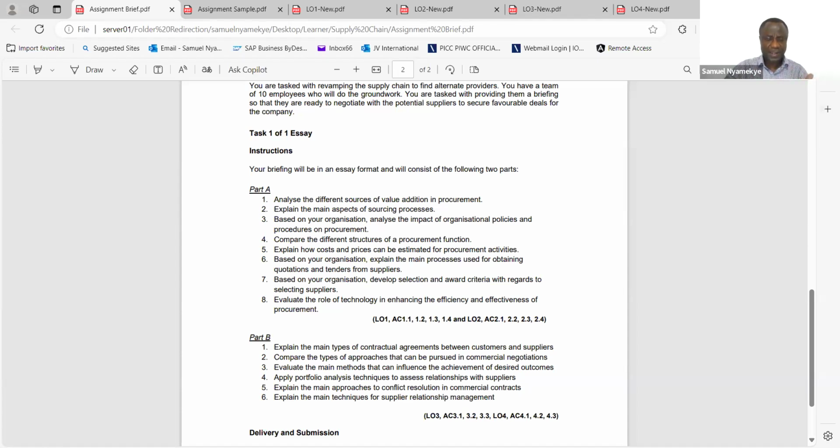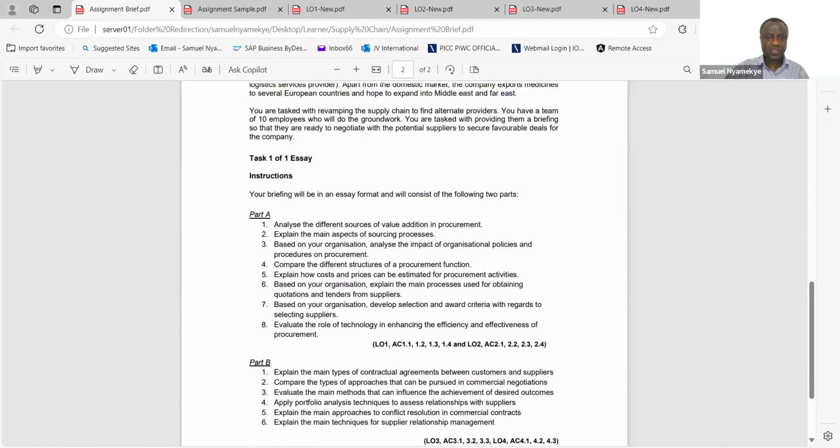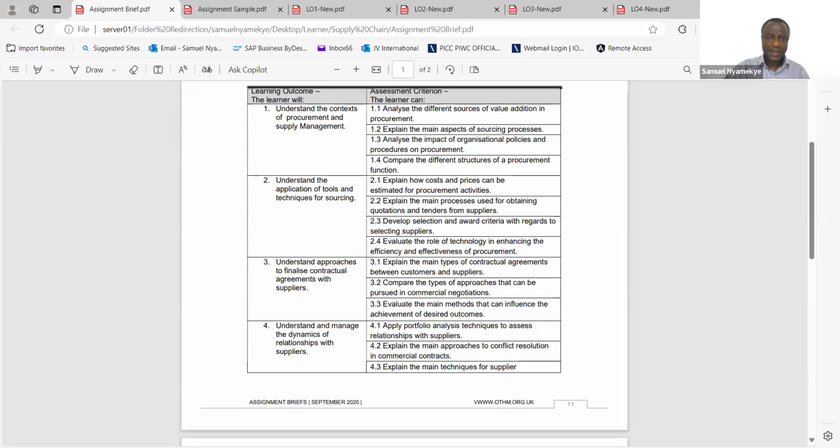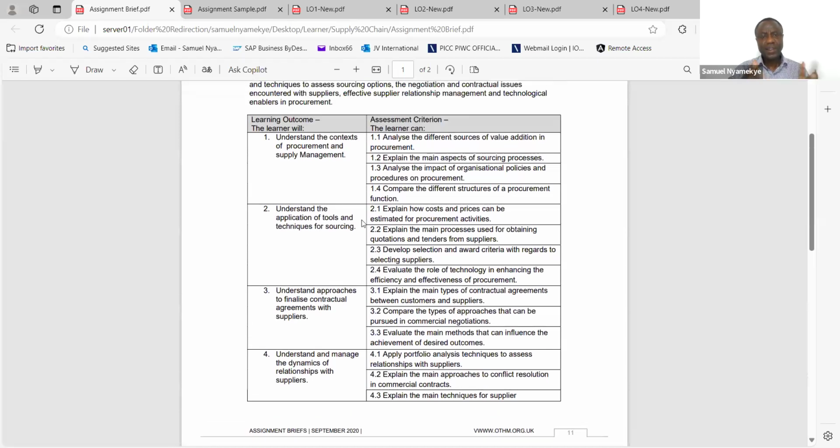For instance, let's take the first one, analyze the different sources of value addition. So if you look at learning outcome one, that is what we are talking about: analyze the different sources of value addition in procurement.